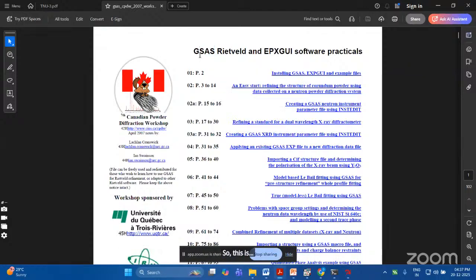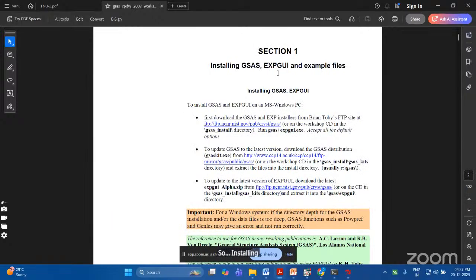This software is generated by Los Alamos Laboratory, USA. It is free of cost. Everybody can use it. So installing instructions are given here, and websites are provided. You can go to that particular server and download it. Downloading is very easy.